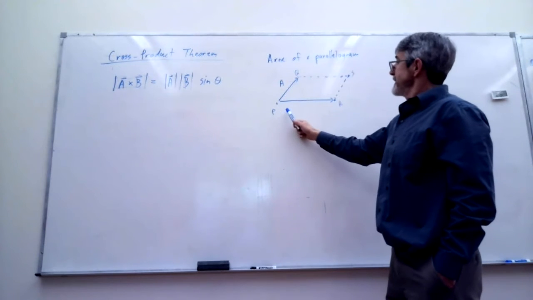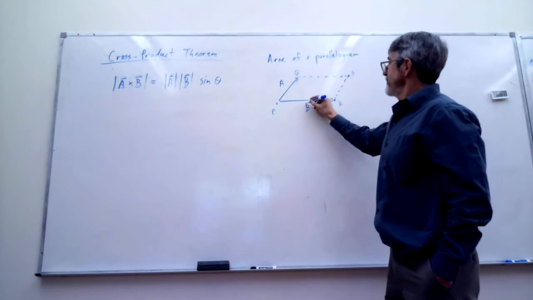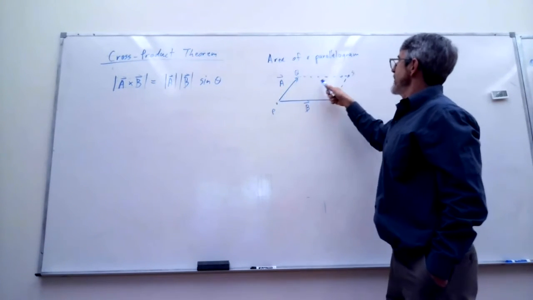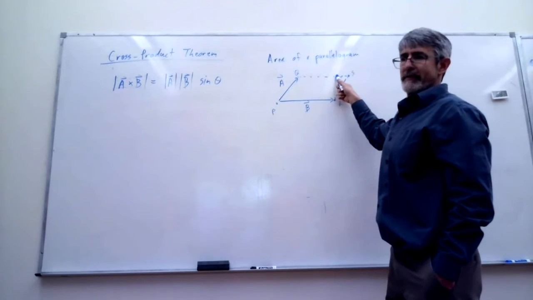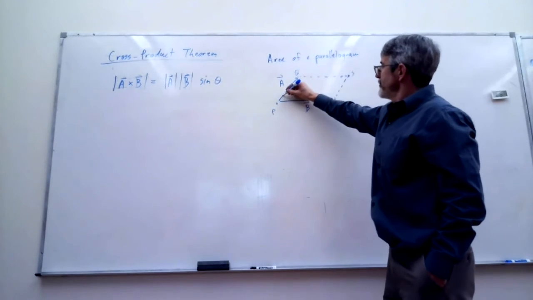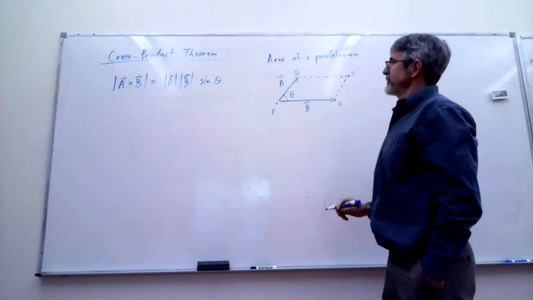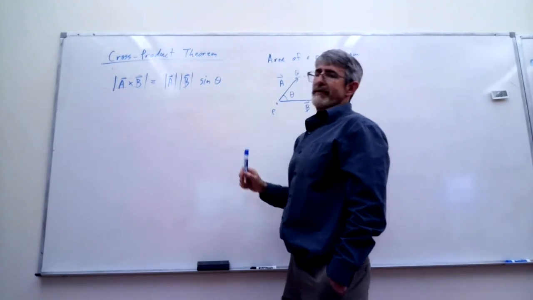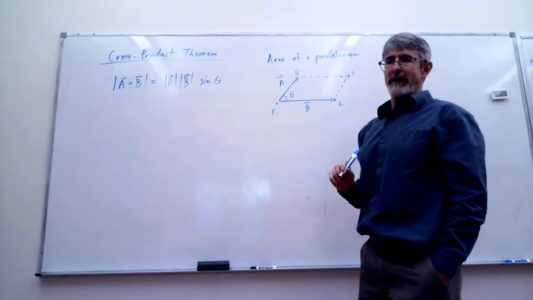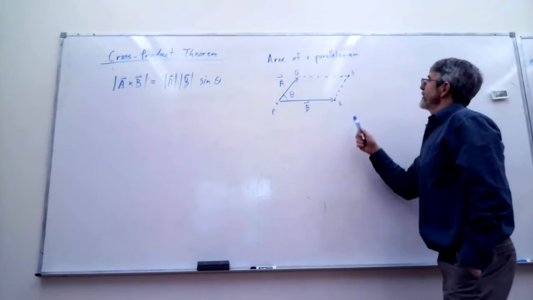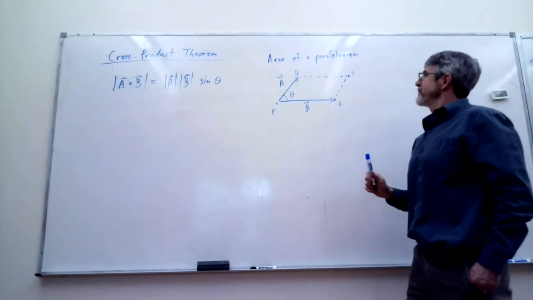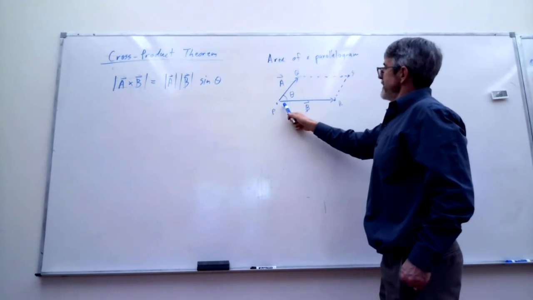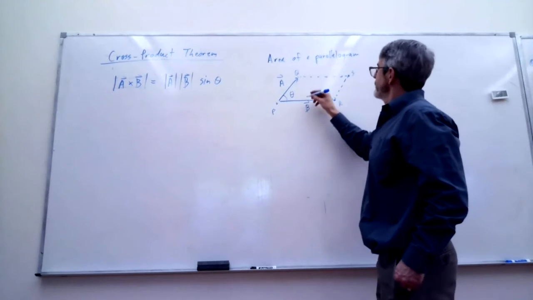If we wanted to add vector A and vector B, we know we can draw this diagonal to add them up. But now what I want to do is consider there's an angle theta between them, and I want to consider what AB sine theta has to do with the area of this parallelogram. Well, you hopefully remember that for a parallelogram, you get the area by multiplying the base times the height.